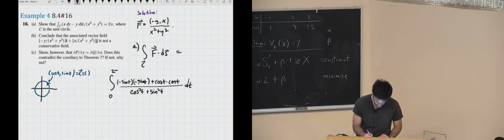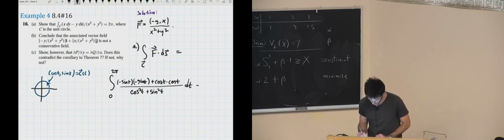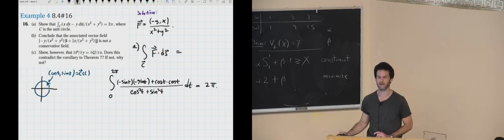And this goes from 0 to 2 pi. And what do I get? I get 2 pi.